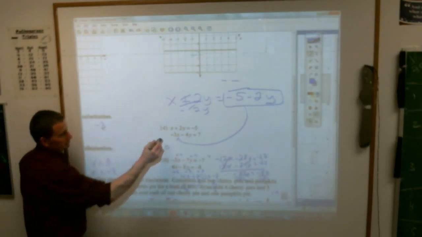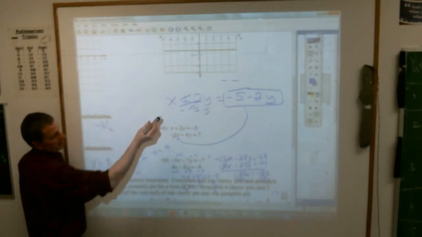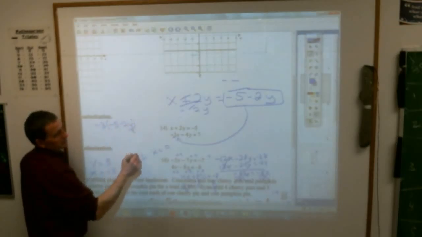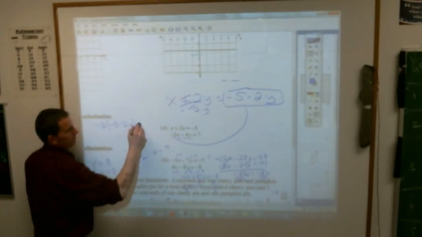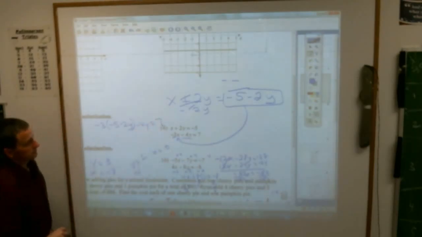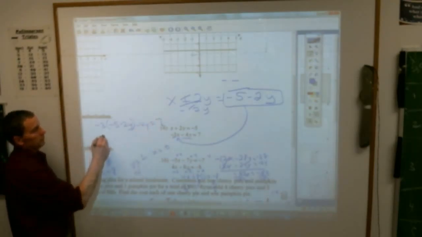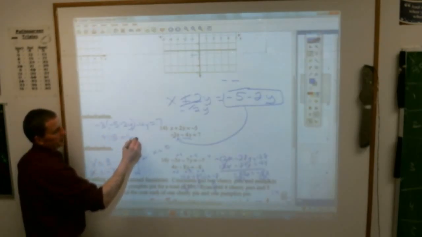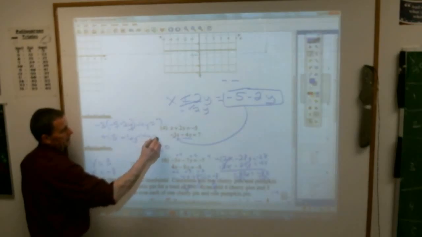A negative 3 times what x is, which was all over there, minus 4y equals 7. And if we do this out, we get plus 15 plus 6y minus 4y equals 7.